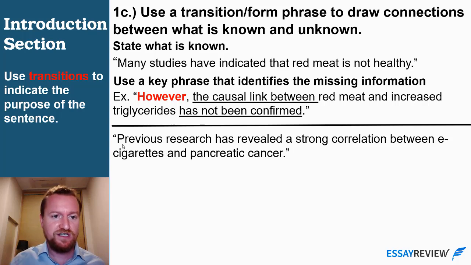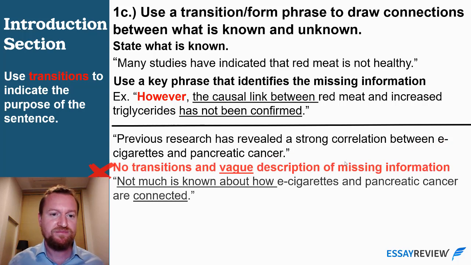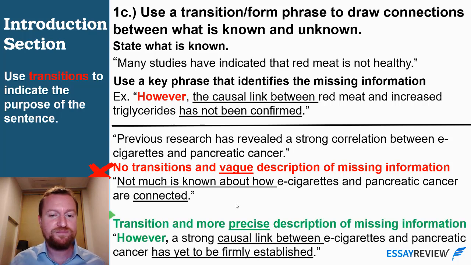Let's see how this works in another example. Previous research has revealed a strong correlation between e-cigarettes and pancreatic cancer. So here's no transition, just going right into the next sentence. Not much is known about how e-cigarettes and pancreatic cancer are connected. Nothing grammatically wrong with this, but without this short transition, it makes the reader have to do a little more work.